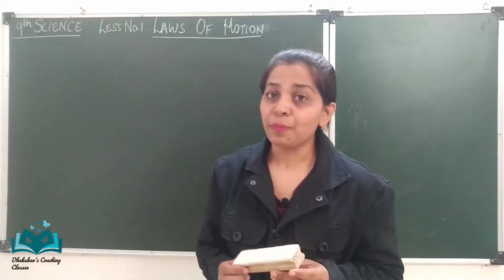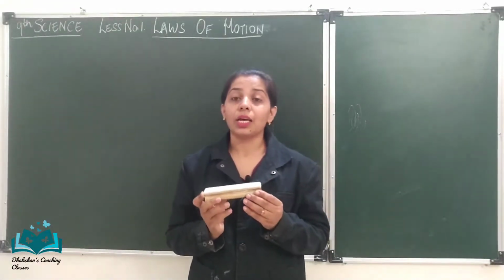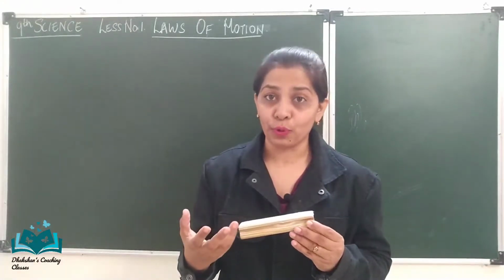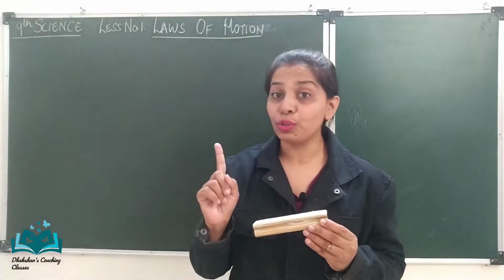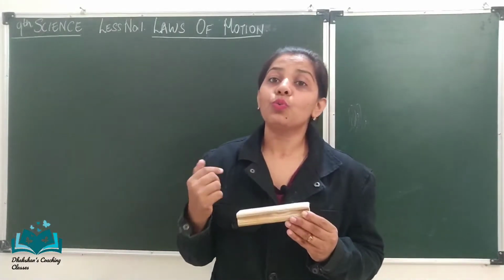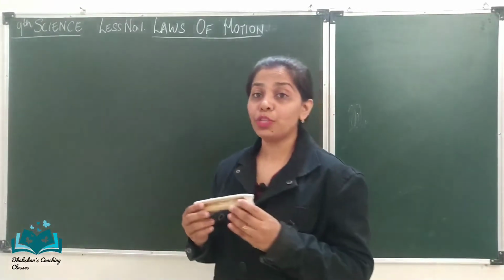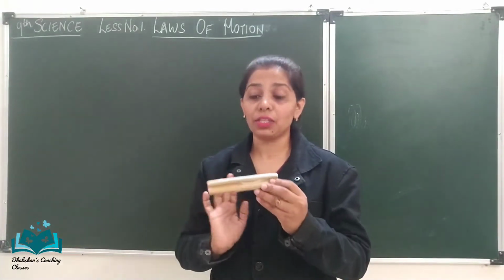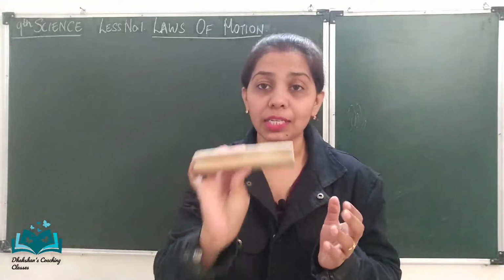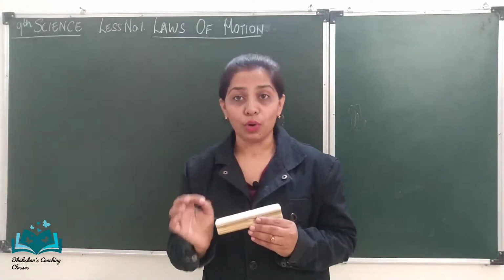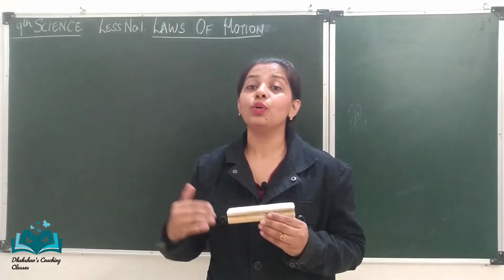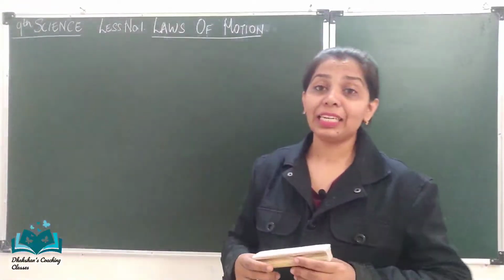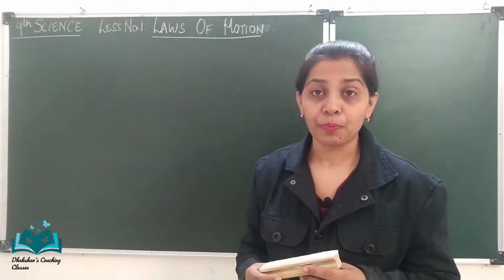Now this duster, until and unless I apply certain external force, it is not going to move. So when do I say that an object is set into motion? When an external force is applied to certain object, the object moves, means the object is set into motion.